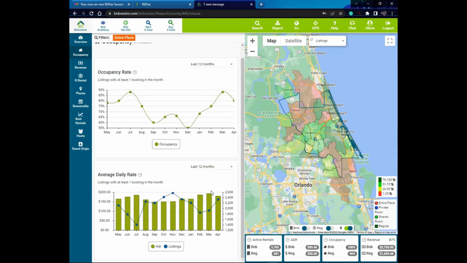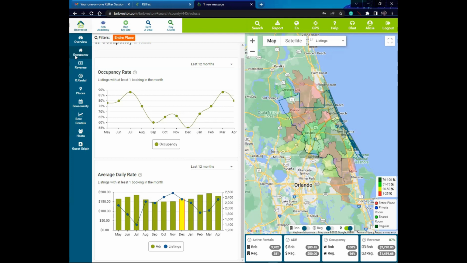It also correlates with the highest average daily rate, being $193 per day. Here we can see that December is the lowest up here. Actually down here, it doesn't come that low, it stays at 165.